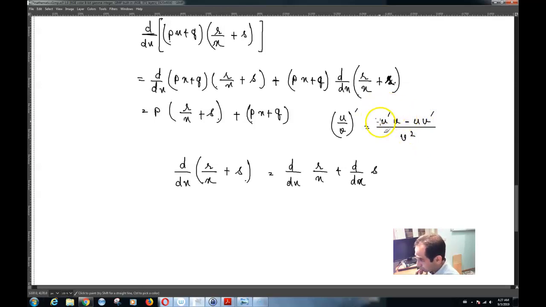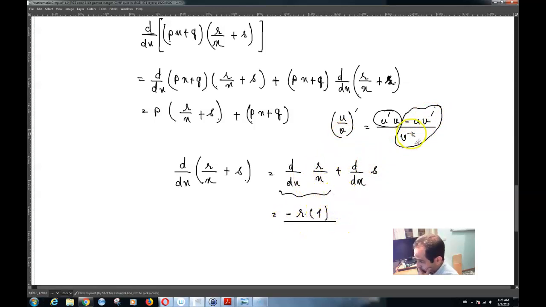Here u prime would be 0 because this is a constant, and the derivative of a constant is 0. So you can forget about that part and just calculate this part: negative r times v prime, where v prime is the derivative of x, which is 1.